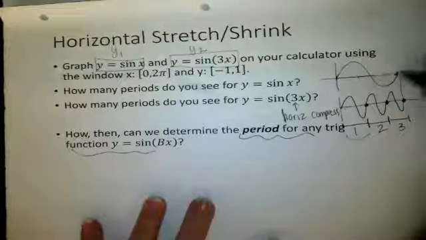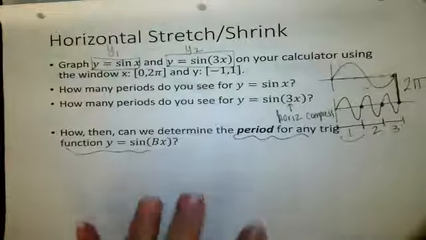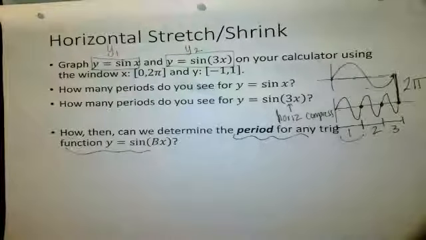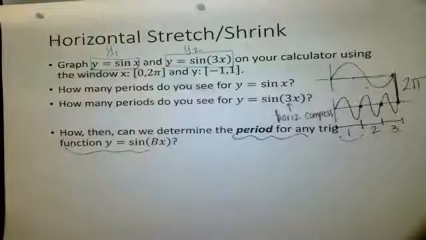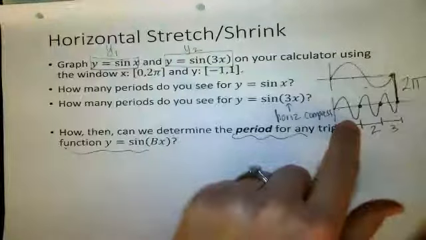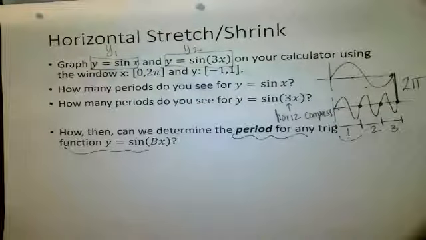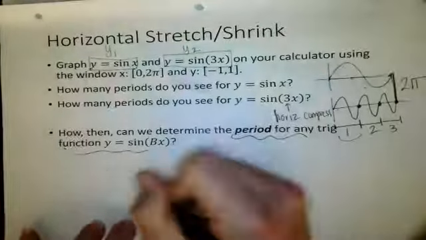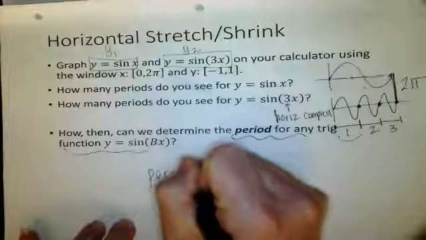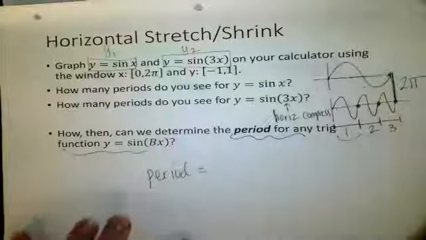So the normal one ended at 2 pi, right? And there's 3 of them here. So one period would be 1/3 of the 2 pi. It's divided into 3 equal pieces.